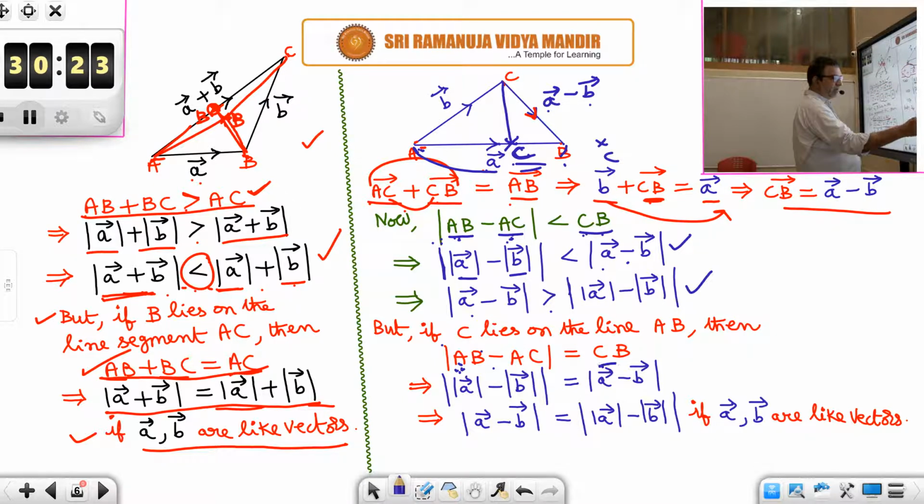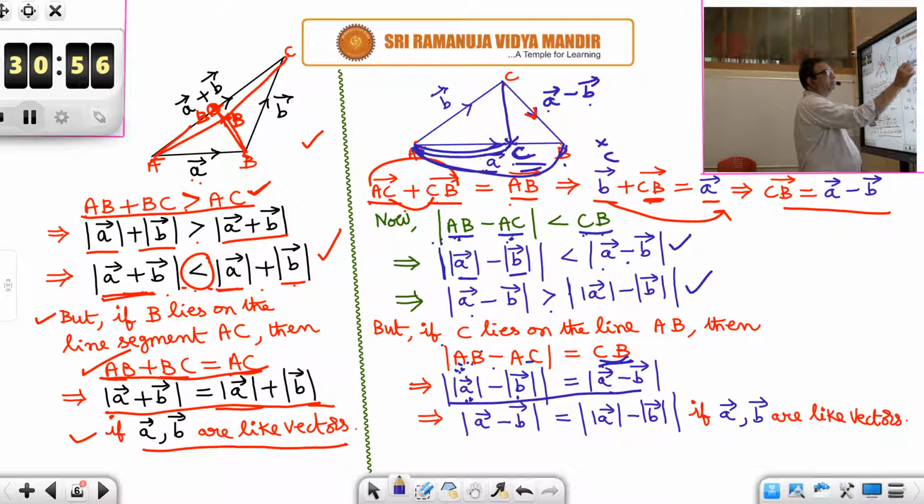So then the equality will hold good. Is it not? A, C, B are collinear, then AB, see the diagram. AB means this length, AC means this length. Their difference is CB. Then equality will hold good. So that means AB is mod A bar, AC is mod B bar, and CB is mod of the difference. So equality will hold good when C is here. C is here means what?